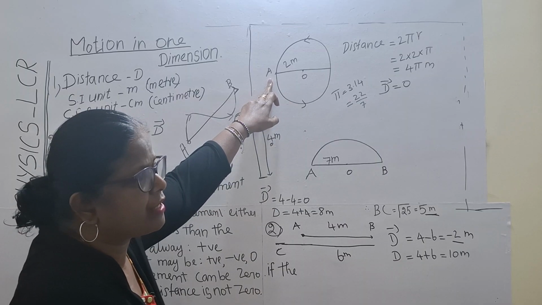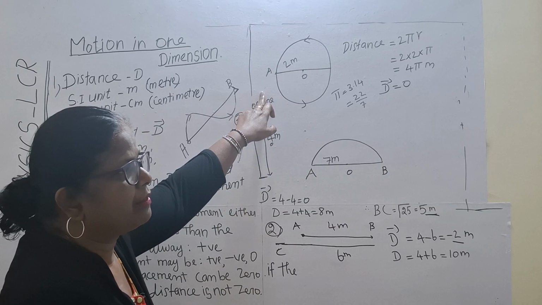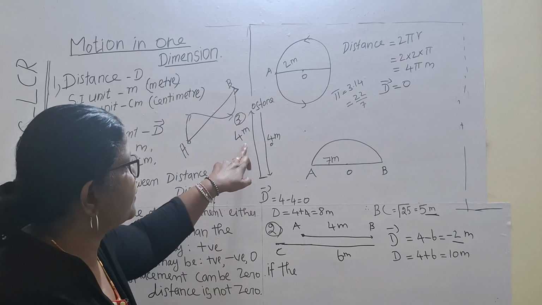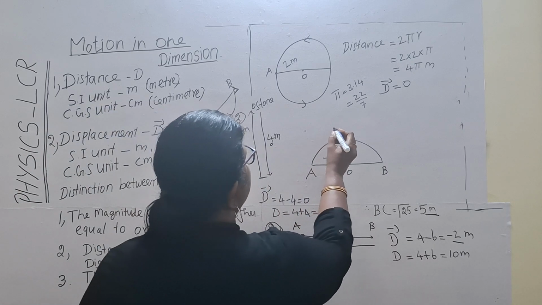The object started at position A and again it will reach A position. So here displacement will be 0. In this case also, displacement will be 0. Here, semicircle.